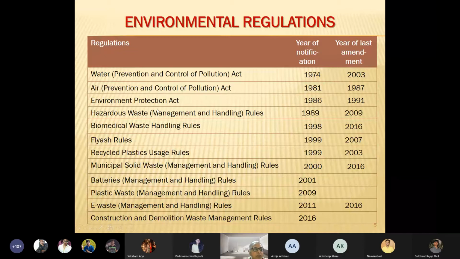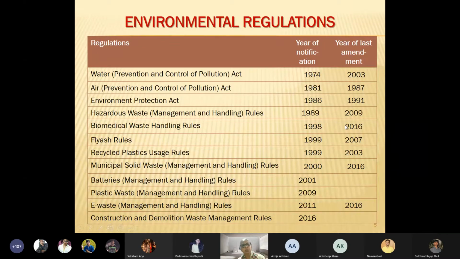So then came the Environment Protection Act. This Environment Protection Act basically gave the government far-reaching rights to monitor all kinds of pollution in any part of the environment, and it made environmental impact assessment mandatory for large projects.